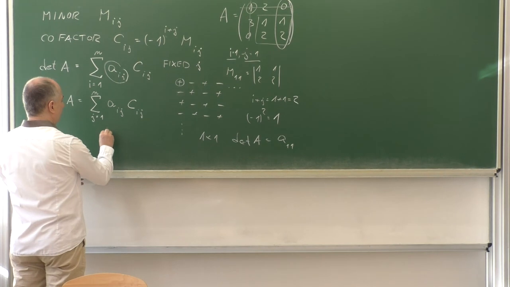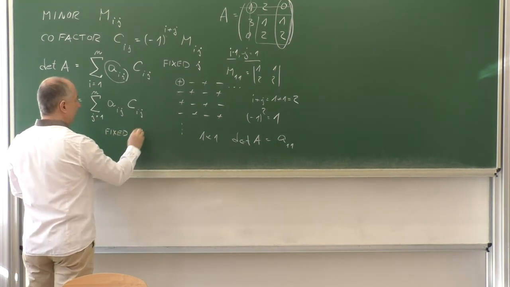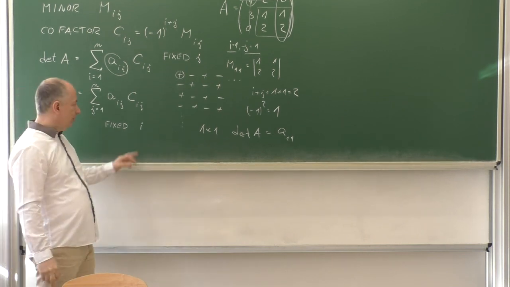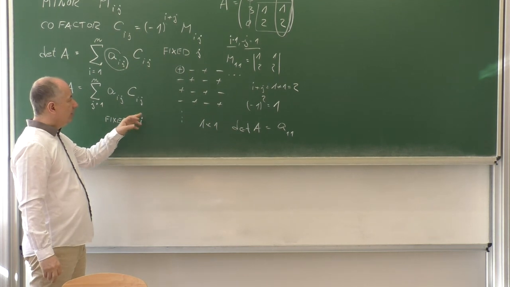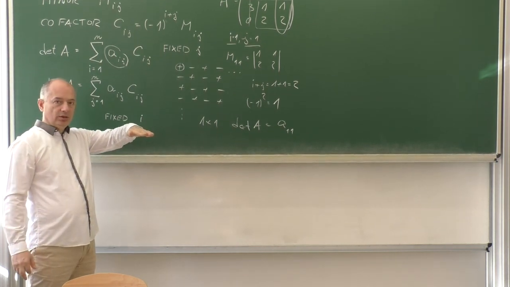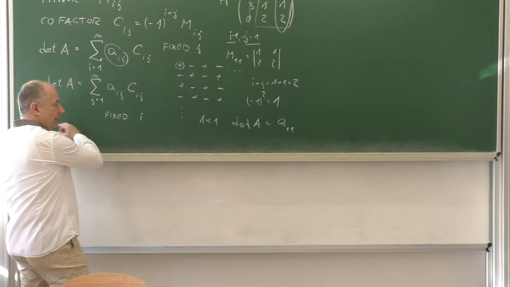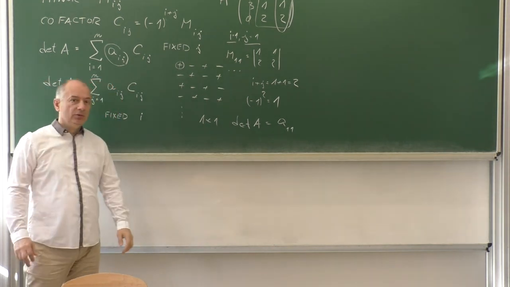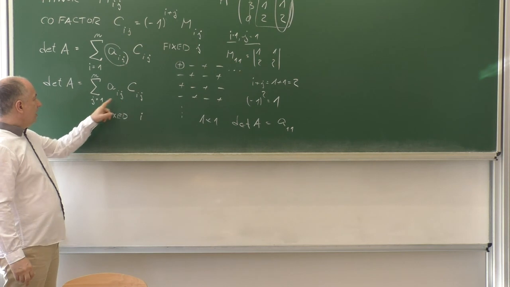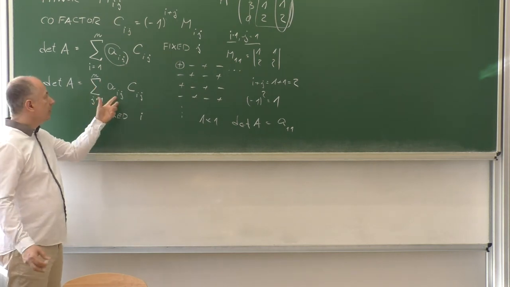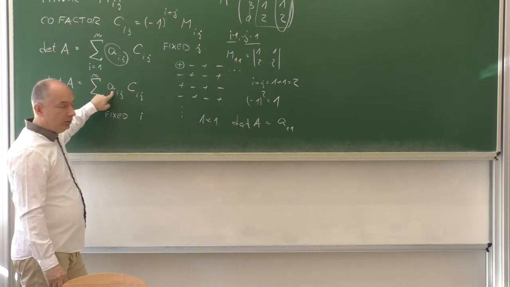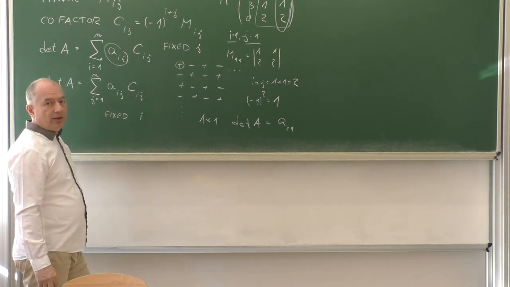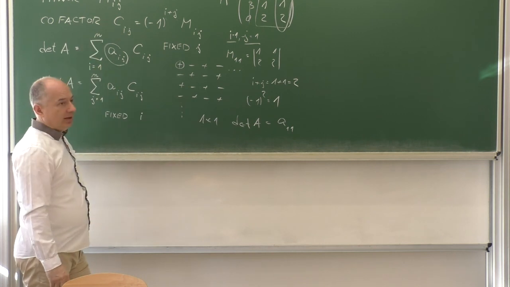So here we have i fixed between 1 and n. If we fix i, that means we fix one chosen row. And then we run along this row from the left to the right. That means j goes from 1 to n, and the same computation. We consider each entry on the chosen row, and we multiply by the corresponding cofactor given above.